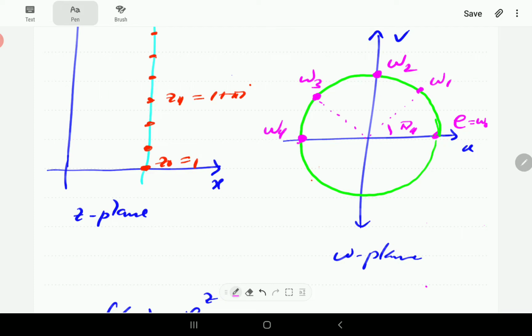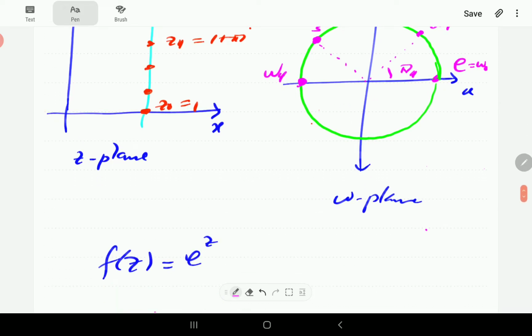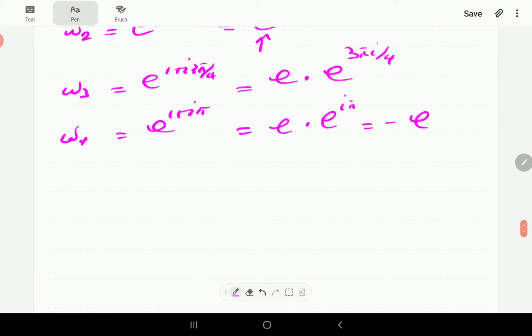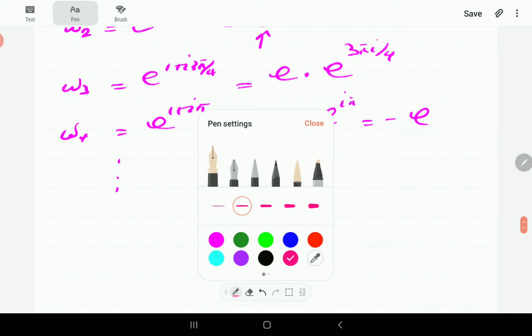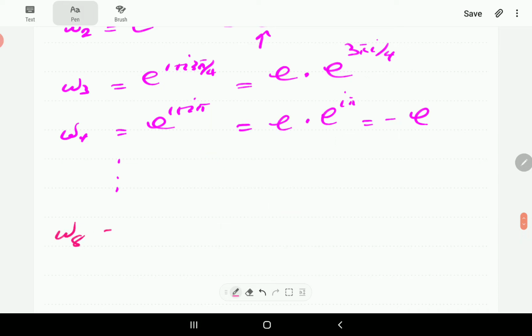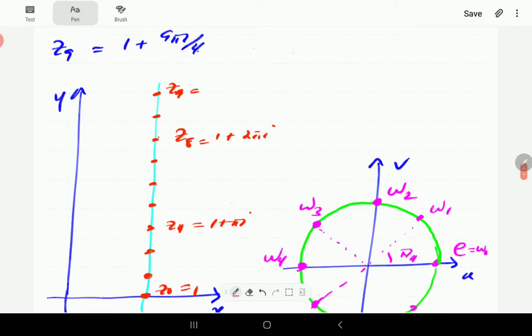It's w4. If you continue accordingly, w5 is going to be here, w6, w7, and then w8. So let's just jump to w8. w8 is 1 plus 2 pi i.